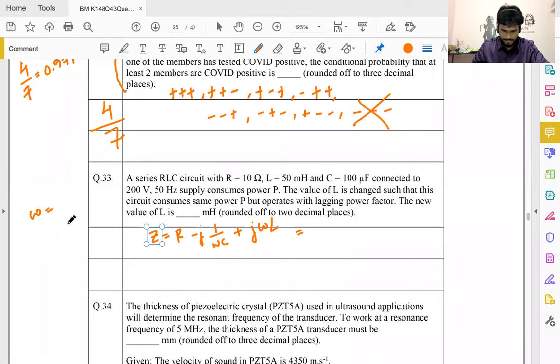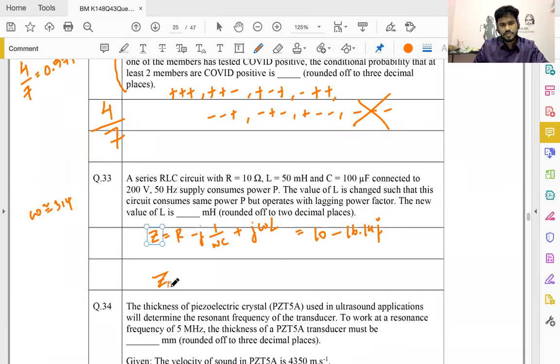Omega is 50 hertz, so 50 into 2 pi, approximately 314. Okay. If you calculate this, you should get 10 minus 16.14 J. This is leading power factor. Okay, there are more capacitive terms, so that makes it minus J.